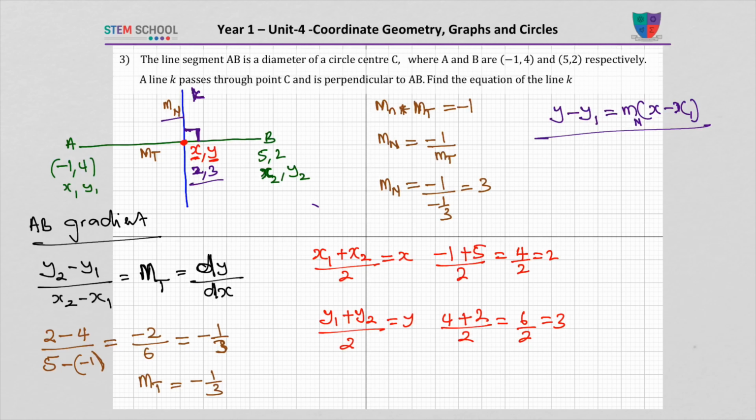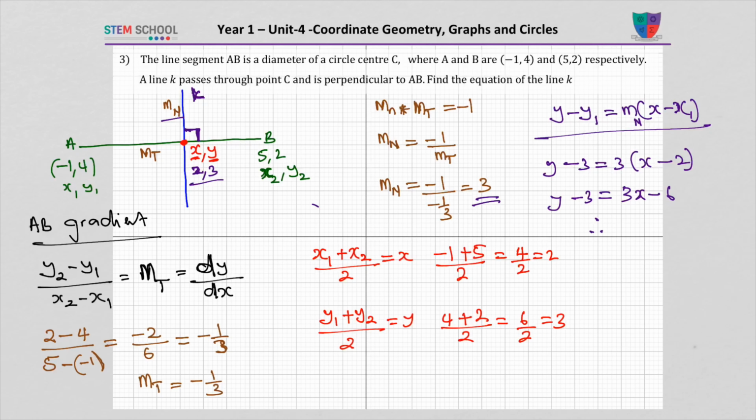So I'm going to say y minus 3 equals mn. Mn is 3, because we got mn here, 3. Mn is 3 into bracket x minus 2. So I need to expand the bracket. That will be 3x minus 6, y minus 3.